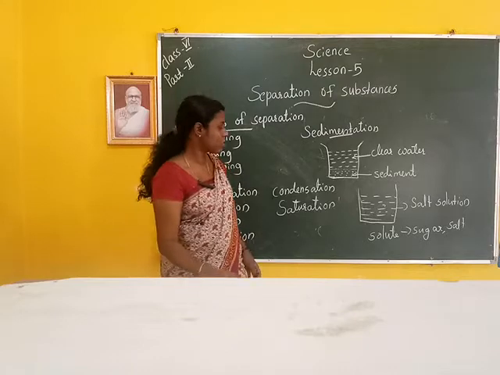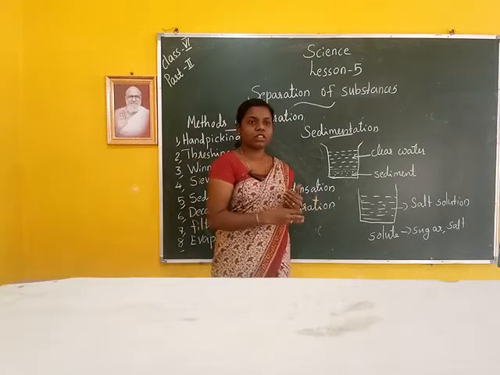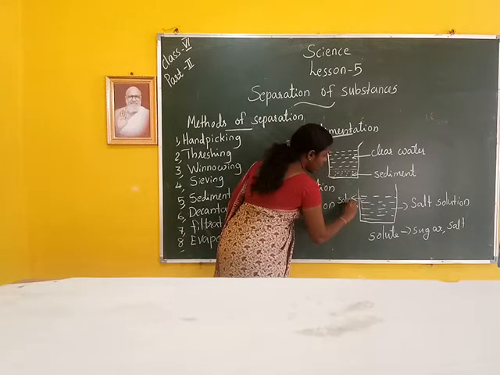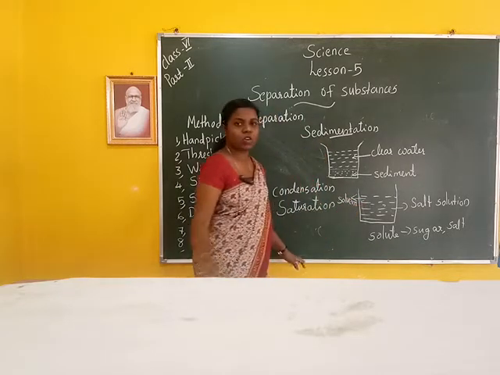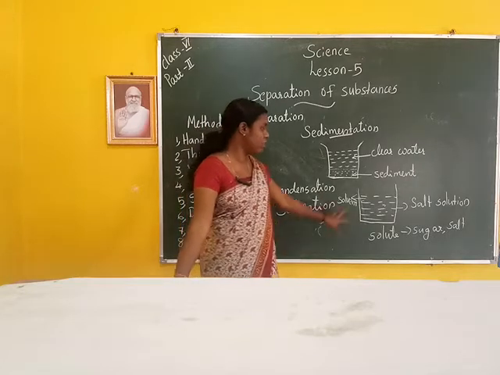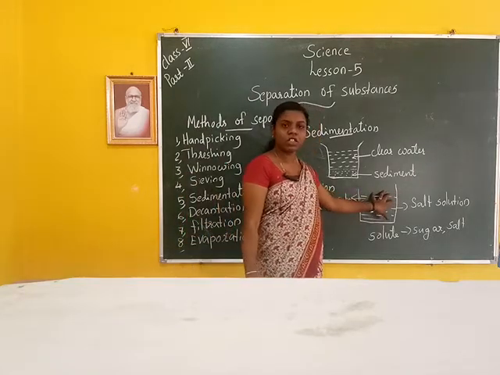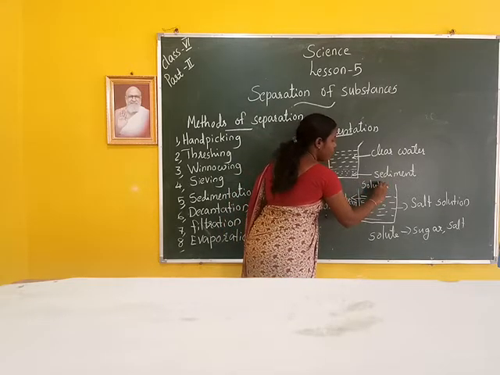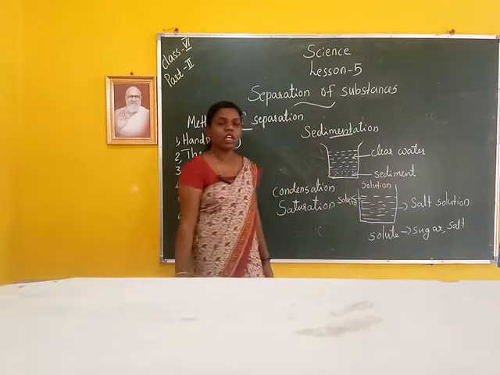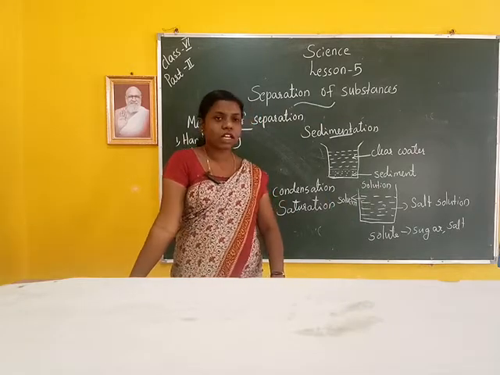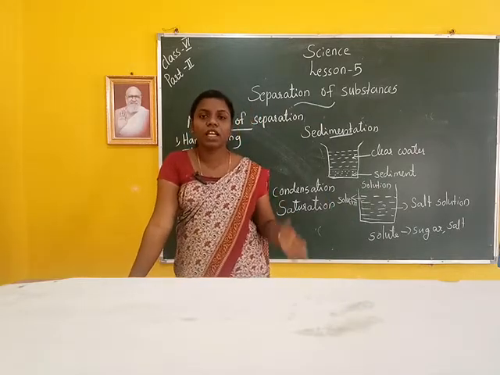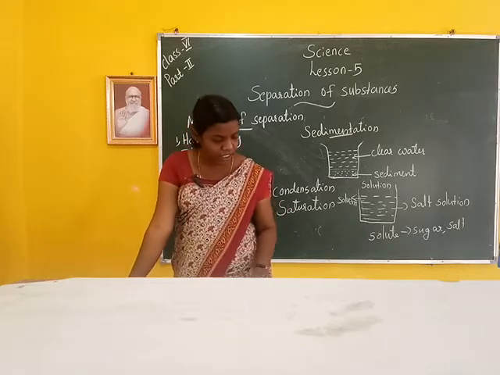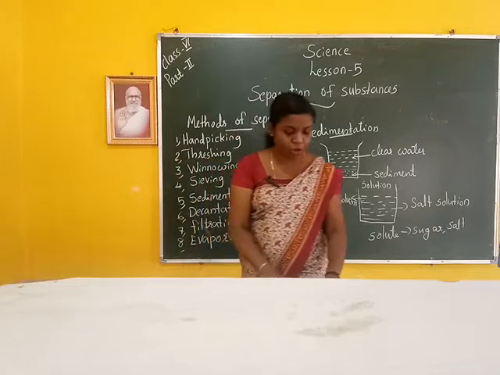Water is the solvent, and sugar and salt are solutes. Then this whole mixture is called a solution. This type of dissolving is called a saturated solution. Examples of saturated solutions are lemon juice, tea, salt solution, etc.